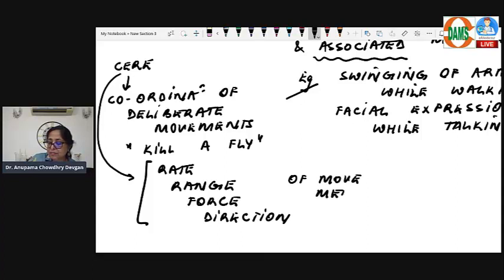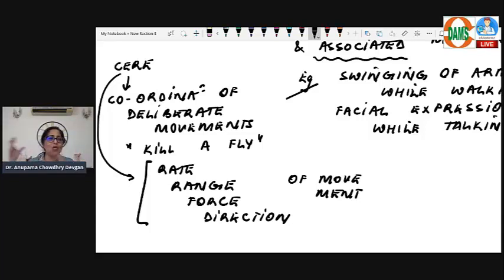This is true, but please remember this is for deliberate movements, not for automatic. When a movement becomes automatic, basal ganglia takes over. Cerebellum is for deliberate movements. Have you understood? Right? Once you learn how to cycle, it becomes basal ganglia coordination.